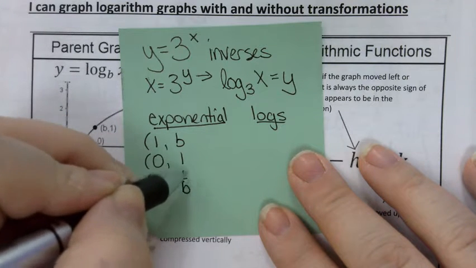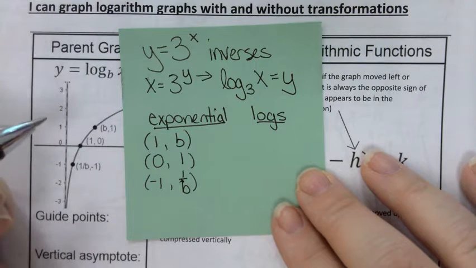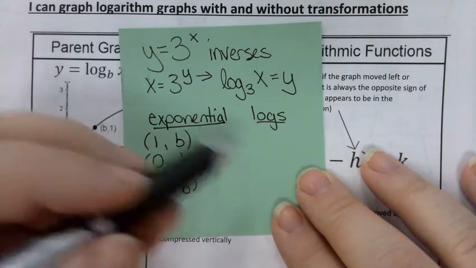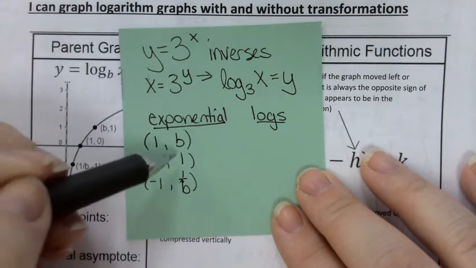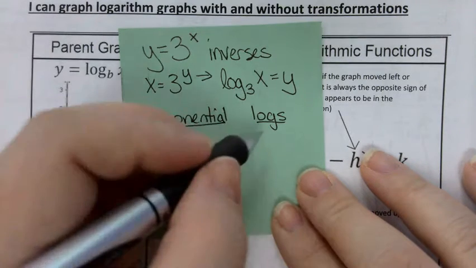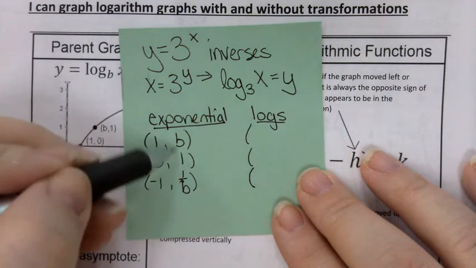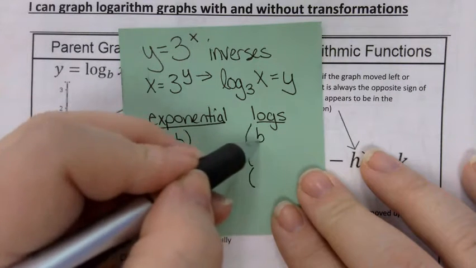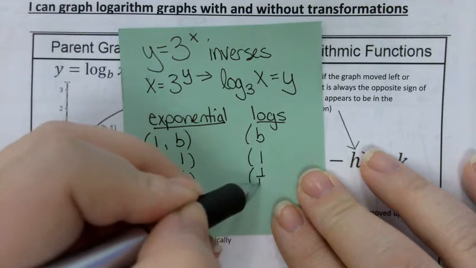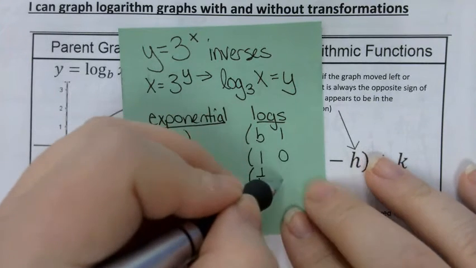Well, because we know that exponential and logarithm functions are inverses of each other, I can find the guide points of a log by simply switching x and y. That's how we find the inverse of a point. So in a log, the guide points, the x values would be b, 1, and 1 over b. And the y's would be 1, 0, and -1.